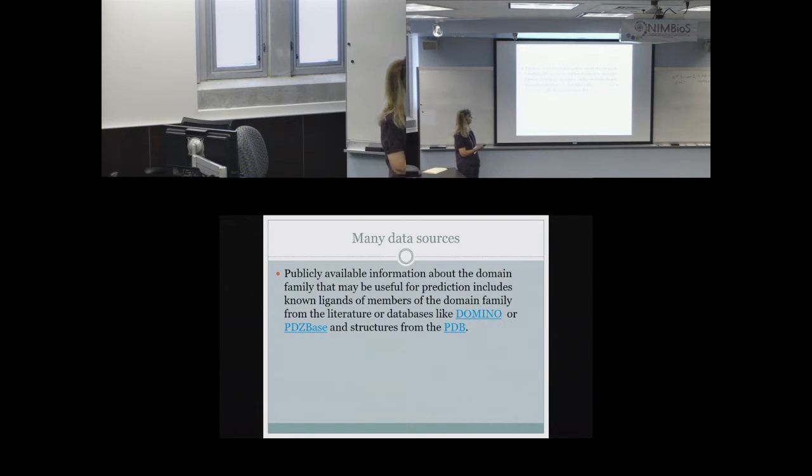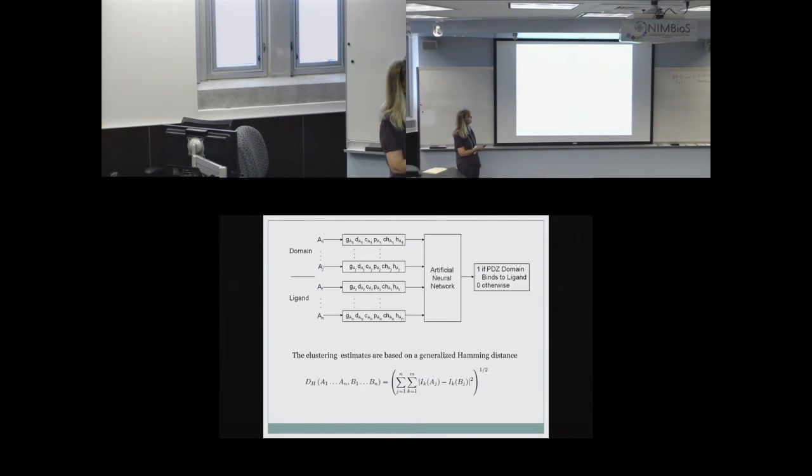They also provide other sources of data for you and your algorithm. So what we did was, Jeff and I worked on this together, and he wrote this artificial neural network. These are the ones that we had on the preceding slide, where we can convert an amino acid sequence to a numerical sequence.